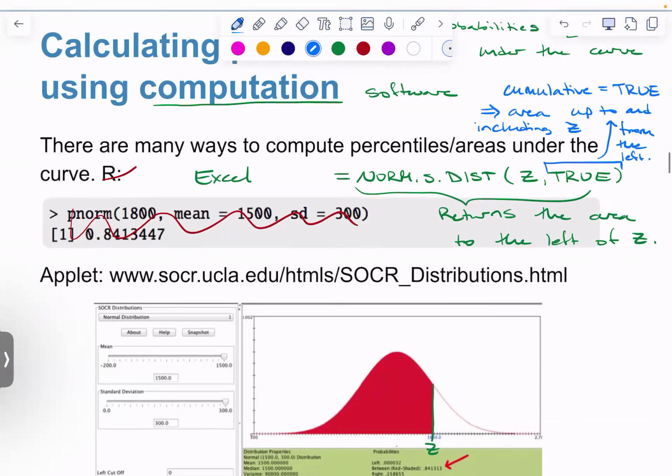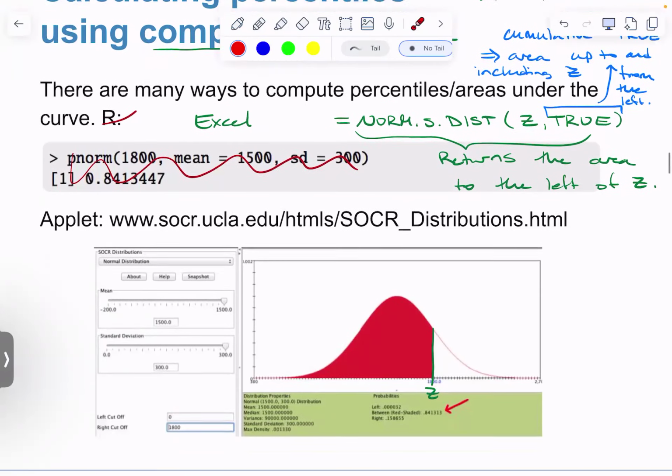There are other distributions where you'll be able to switch between cumulative equals true and cumulative equals false, because they'll have probabilities at that point. But for the normal distribution, it's always just true. Okay. Good.